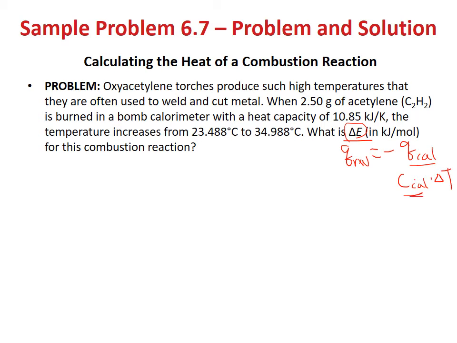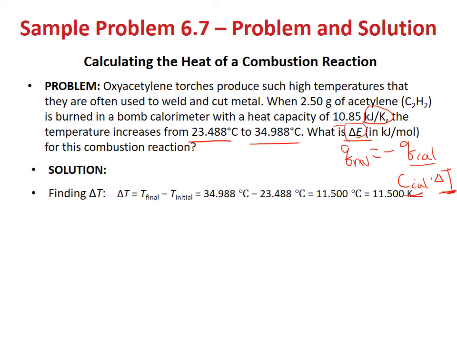Here, heat capacity is in kilojoule per Kelvin, so 10.85 kilojoule per Kelvin, and we need to know the temperature change, from 23.488 to 34.988. So the delta T, the temperature change, is 11.5 Kelvin.